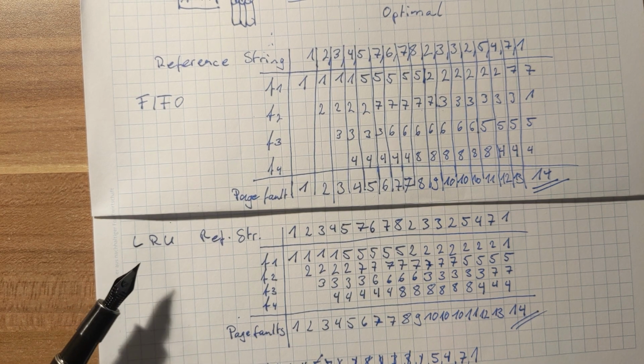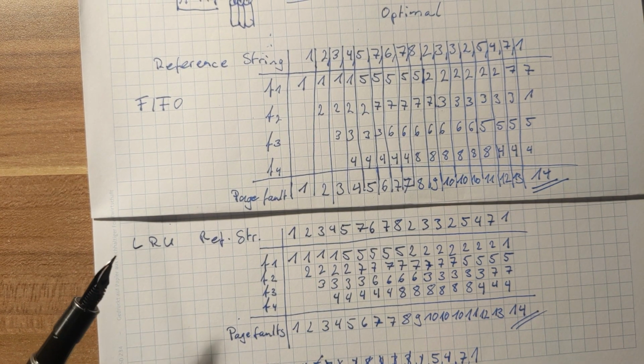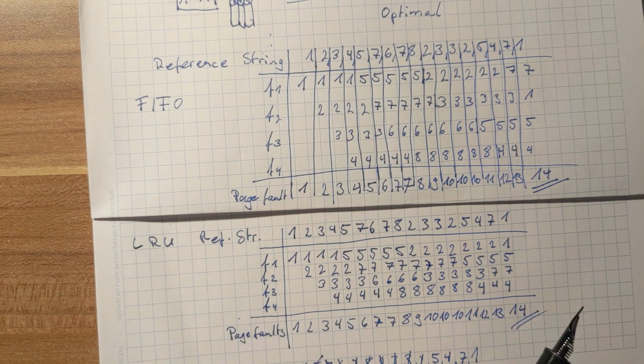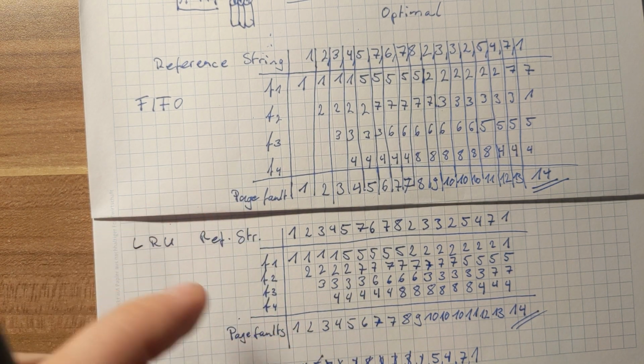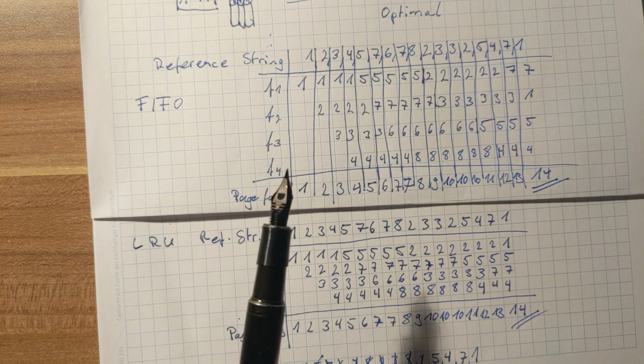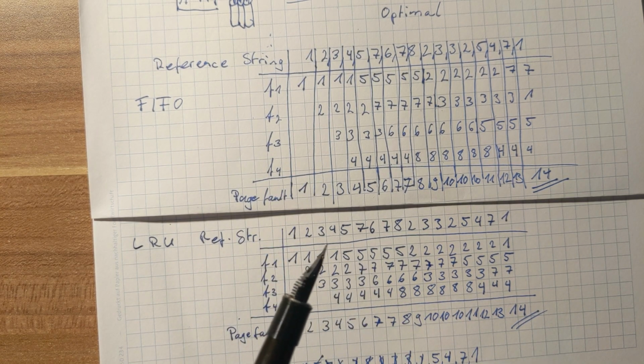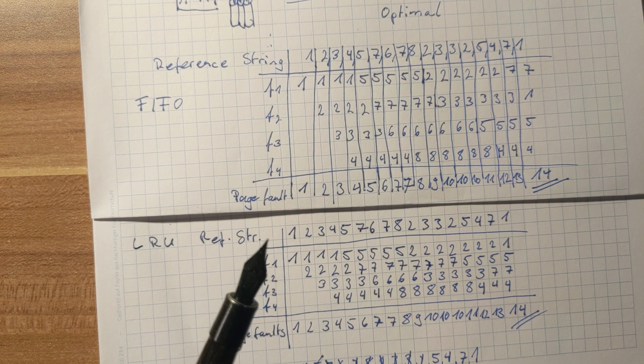Generally, LRU is the more efficient one. So when you have a much longer reference string, chances are that you will have fewer page faults with this algorithm than with FIFO. But the smaller the reference string is, the higher the probability that you have a scenario that is atypical.